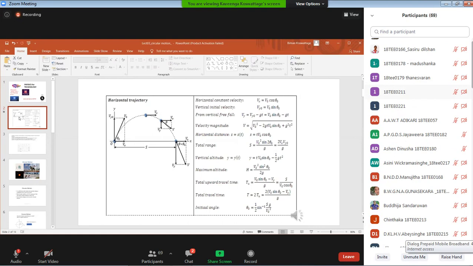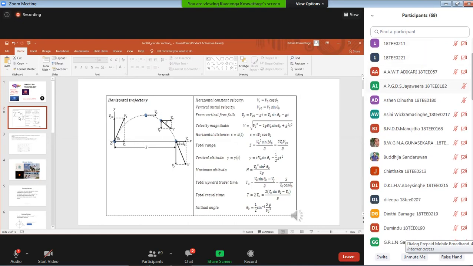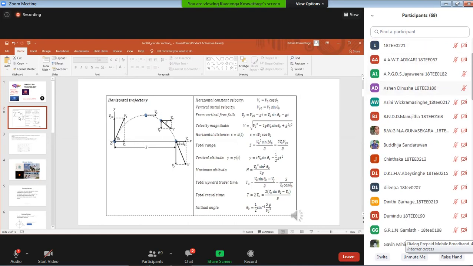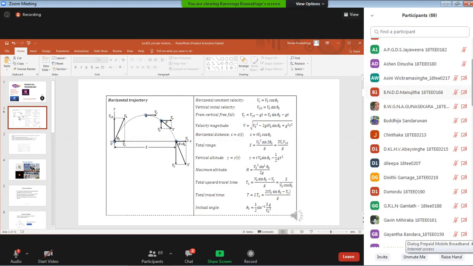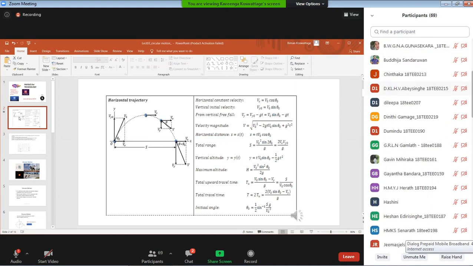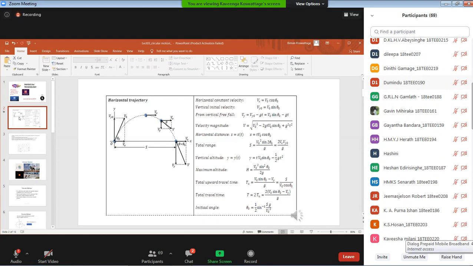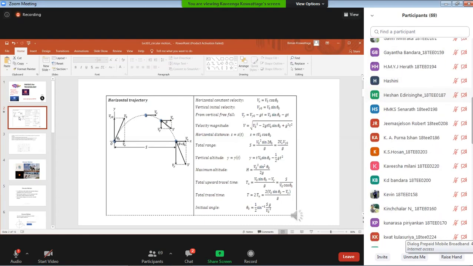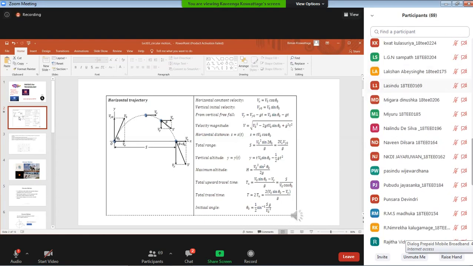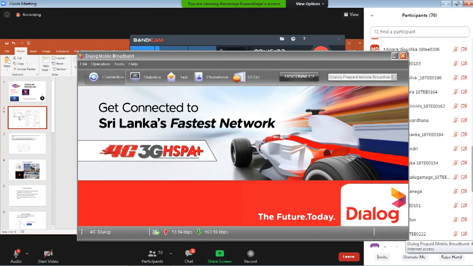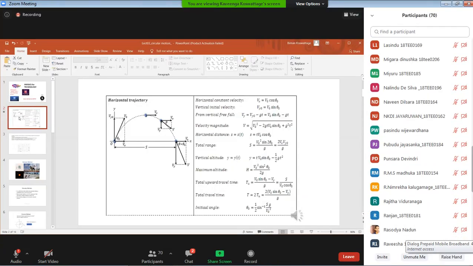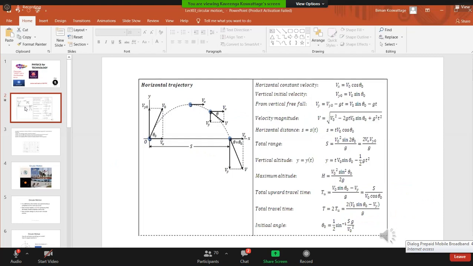Once you combine the horizontal motion and the vertical motion, you get a parabolic trajectory. As I explained previously, the objects are projectiles and the paths are trajectories. So it is basically a parabolic type of trajectory.